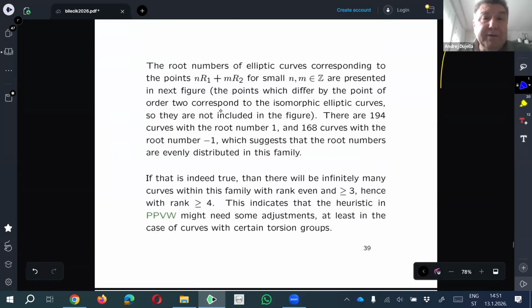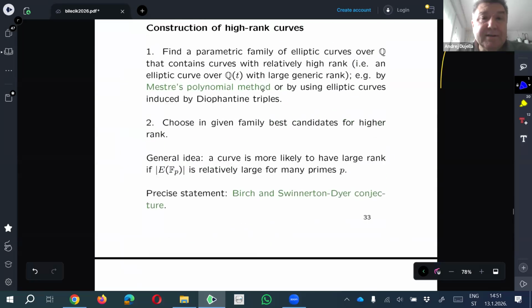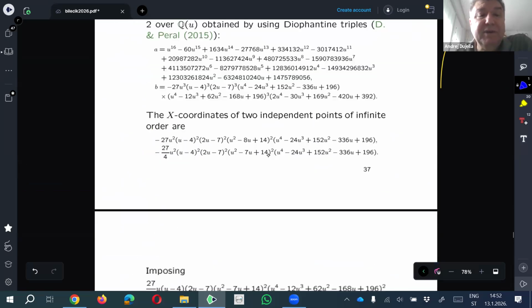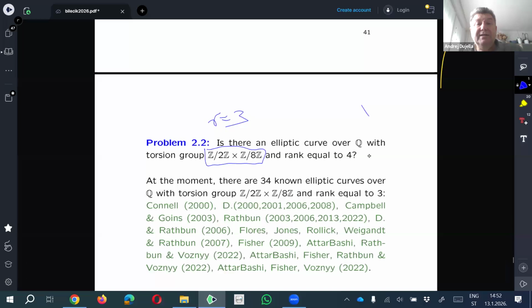If I go back to this table, it is the only place where the number 3 appears. So for all other torsion groups, we know at least something better, sometimes much better, but at least 4 is possible in all other situations. Is it possible here? I think it is also an interesting problem.